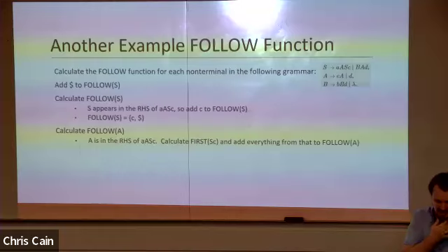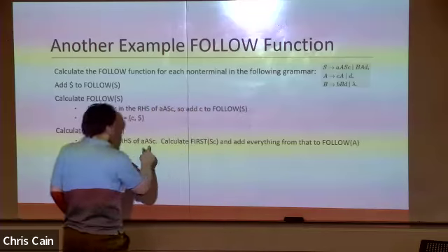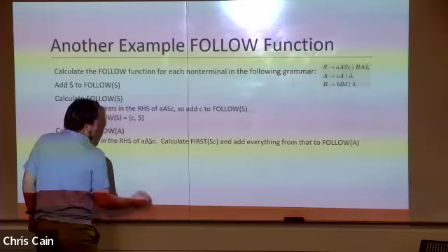So now we need to calculate first of capital SC and add everything from first of capital SC to everything that is in follow of A. Because what S can begin with can follow this. So the first of S is in the follow of A.